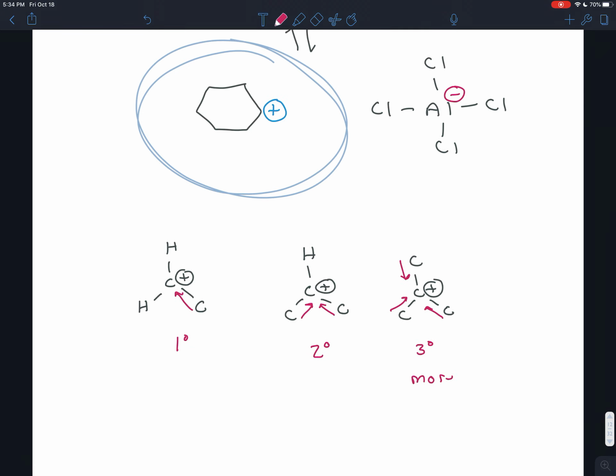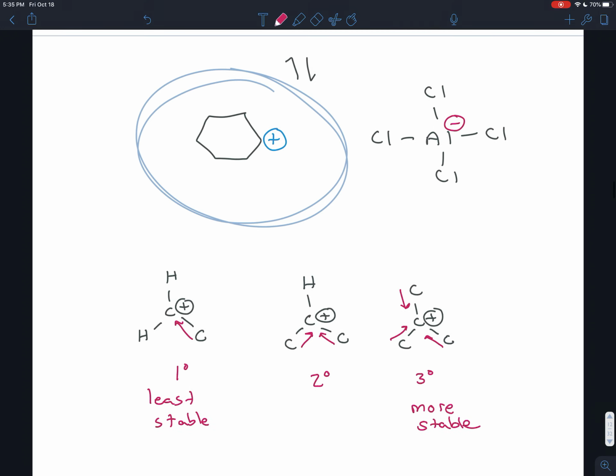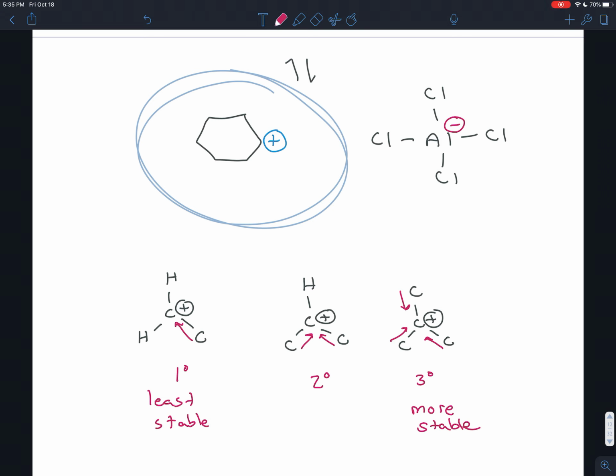So tertiary carbocations are more stable than secondary carbocations, which are more stable than primary carbocations. And atoms will rearrange, either hydrogens or methyl groups will rearrange to create more stable carbocations.